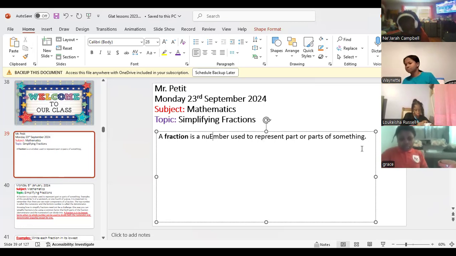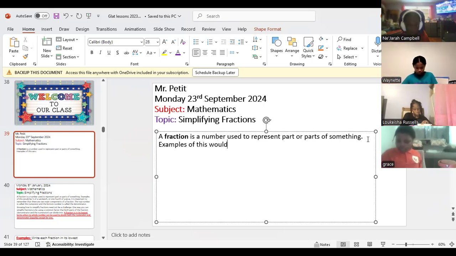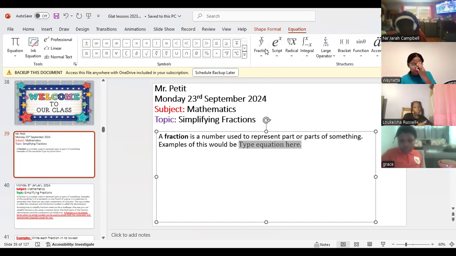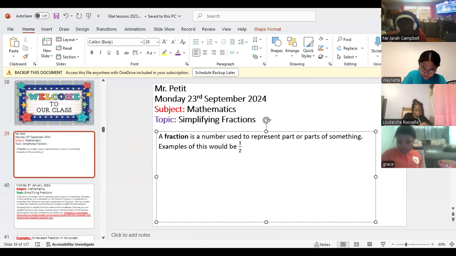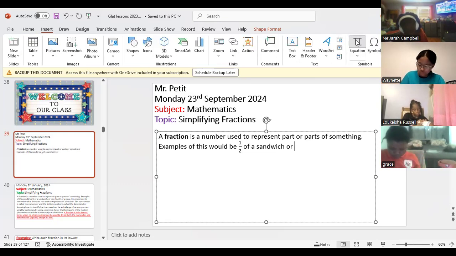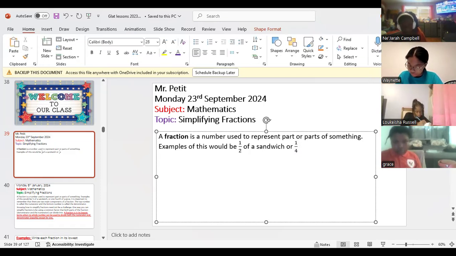Now, for example, examples of this would be if we have the fraction 1/2, or half of a sandwich, or 1/4 of a pizza.